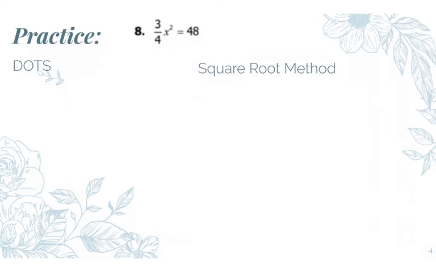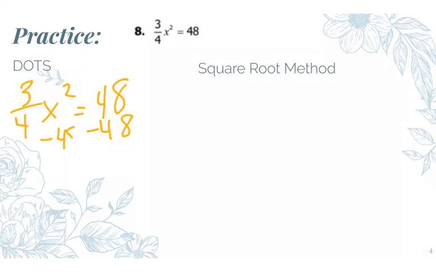Now, here, I've got a practice. So I have 3/4 x squared equals 48. Okay, so now I'm going to subtract 48 because I know in my difference of two squares, I really want 0 to be here. So 3/4 x squared minus 48.